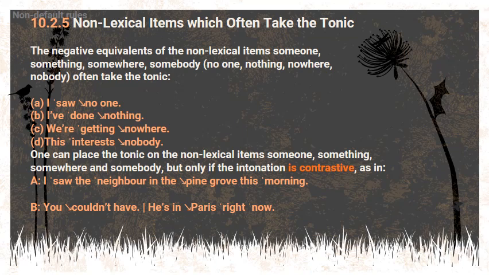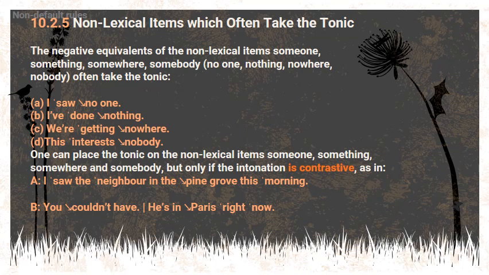These negative equivalents often take the tonic, as in these examples. I saw no one. I've done nothing. We're getting nowhere. This interests nobody.